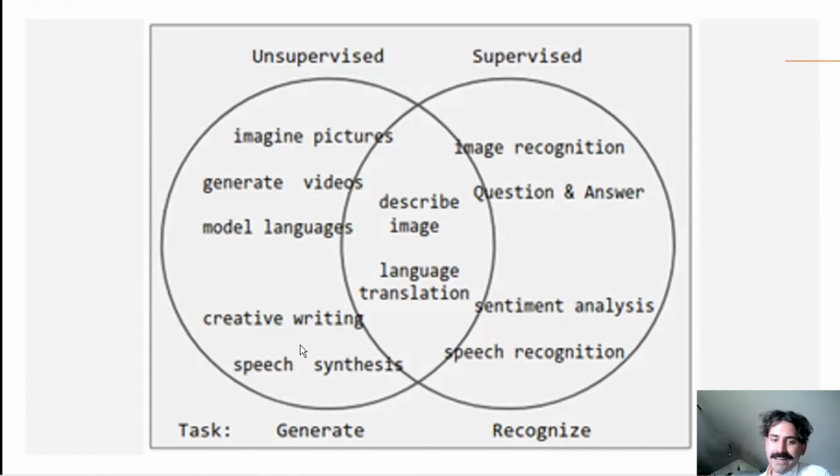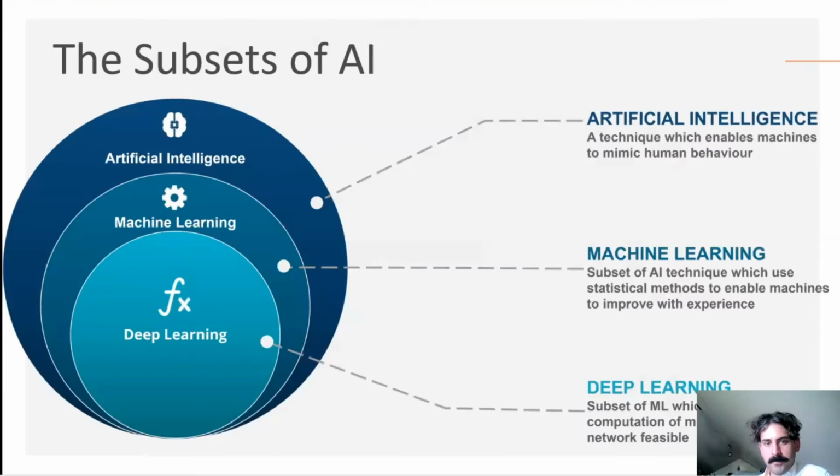Also, creative writing and speech synthesis, which is using the text you've been given, using the start of a sentence, finishing it off, or even creating entire conversations that haven't ever happened, just through unlabeled data, just through mimicry.